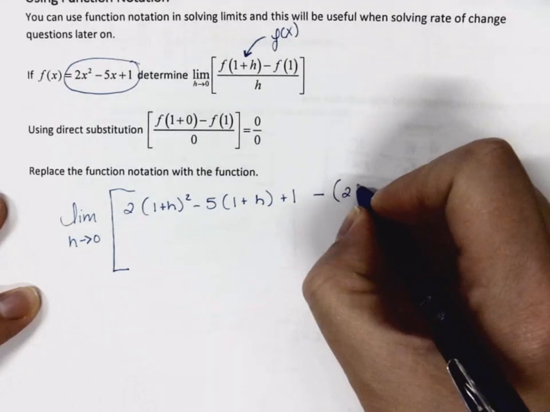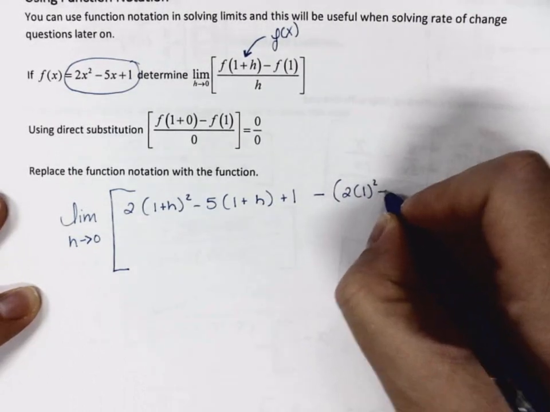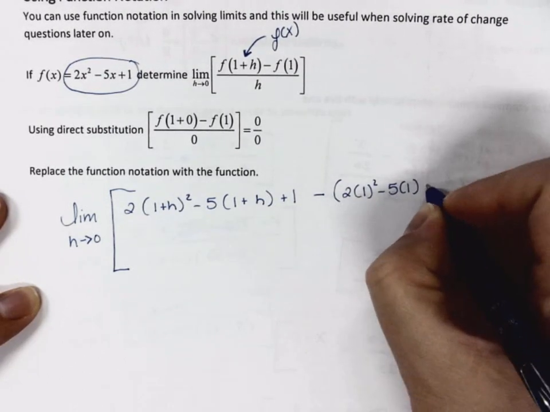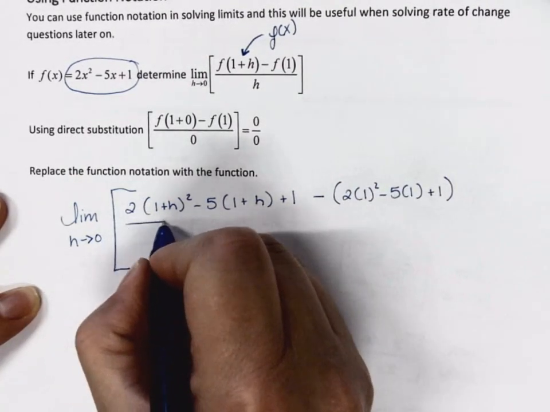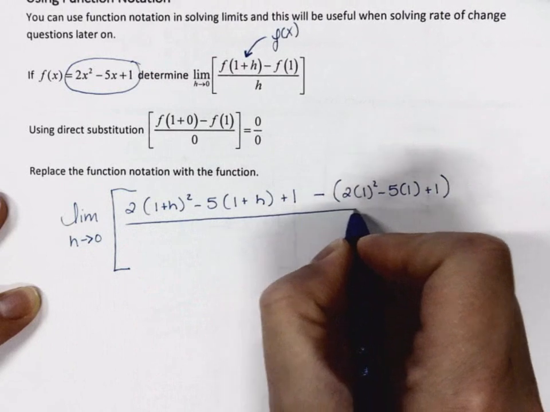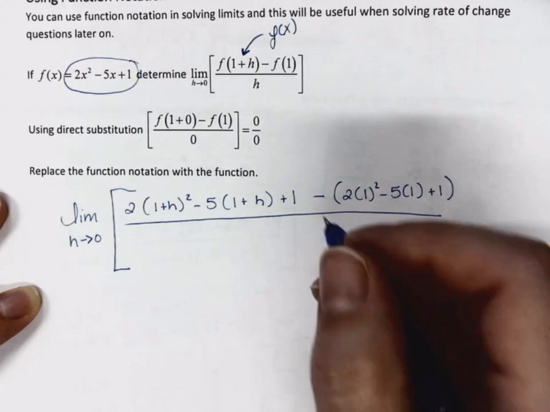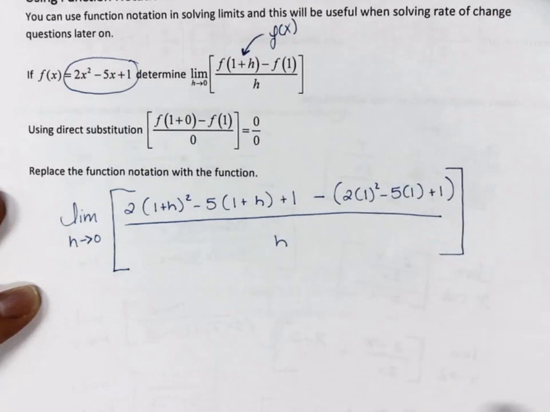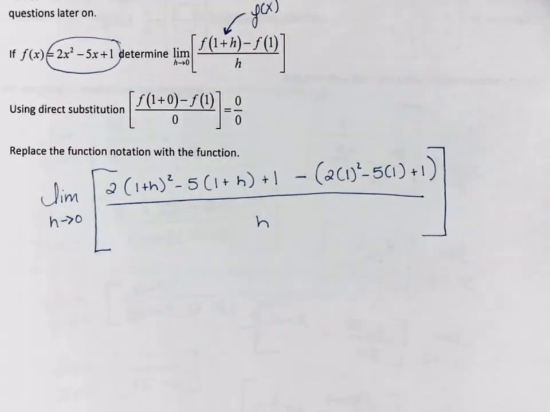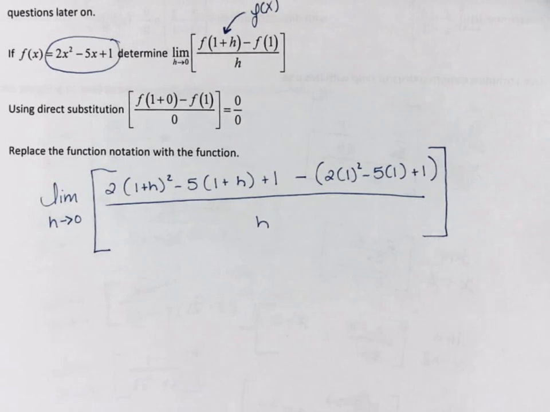So this would be 2 times 1 squared minus 5 times 1 plus 1, all over h. Holy Hannah. It looks ugly. There's lots of it that looks really ugly.